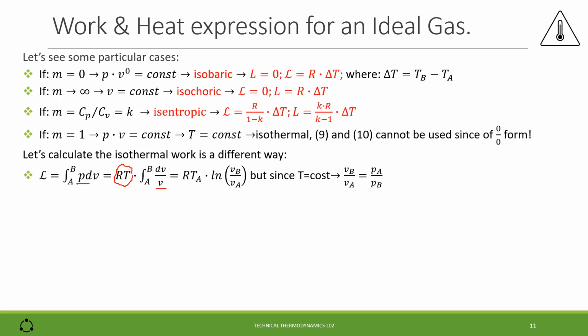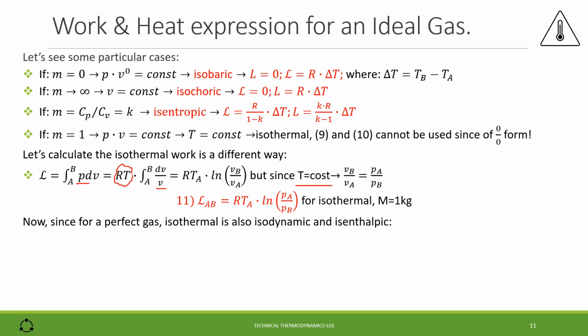We calculate for the states A and B, so we display this as a ratio, but since the temperature is constant, the ratio between the volumes is equal to the inverse ratio between the pressures. And we find the formula number 11 that is valid for an isothermal transformation and unitary mass referred to the thermodynamic work.